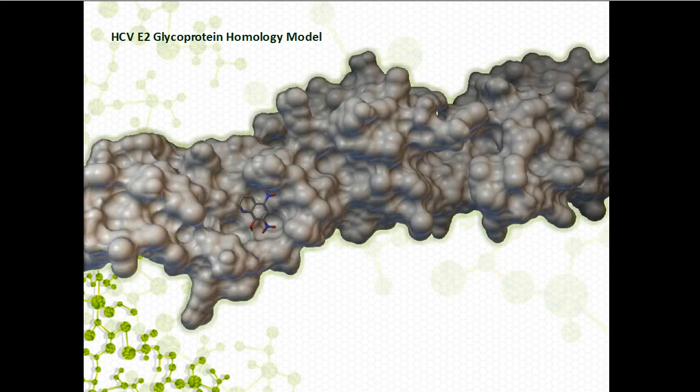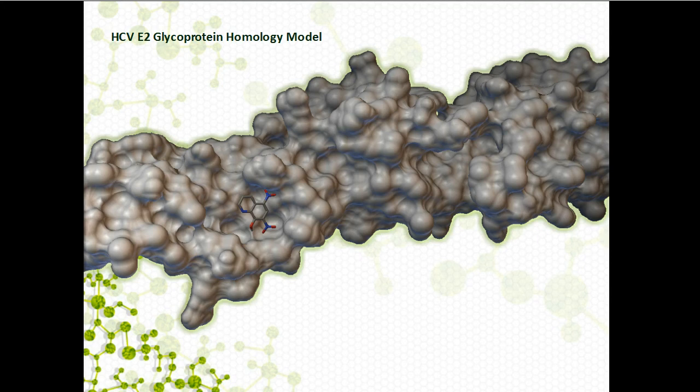An example of a protein that is really significant but didn't have a crystal structure until recently is the hepatitis C virus envelope glycoprotein. Kong and his research team were able to resolve the crystal structure of the core of the envelope glycoprotein. There wasn't any crystal structure before that.